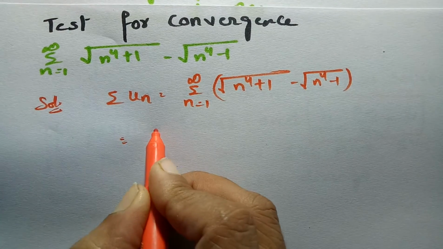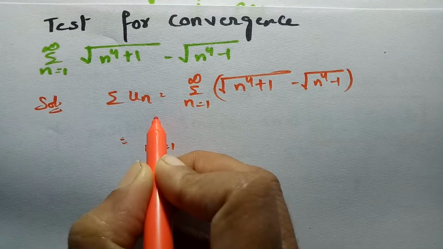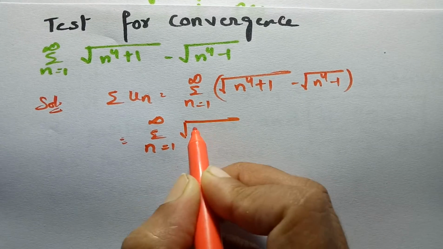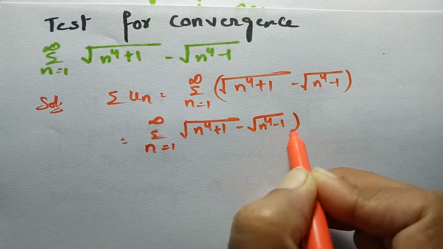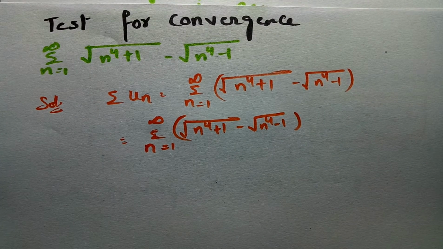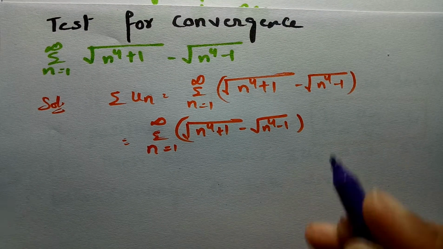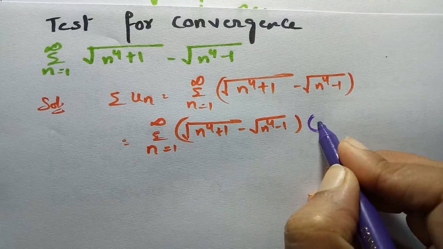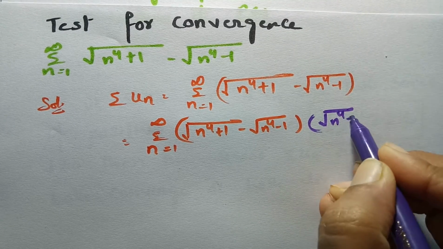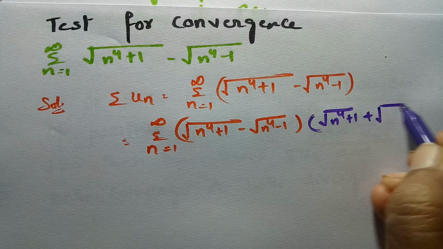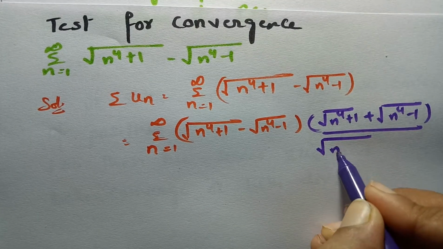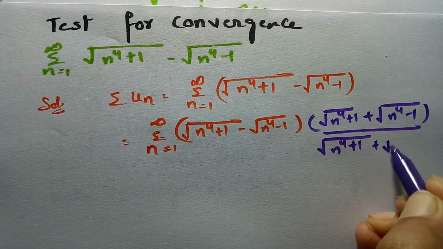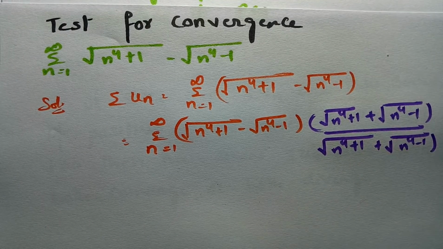We can write sigma n equal to 1 to infinity of root over n power 4 plus 1 minus root over n power 4 minus 1, and we have to rationalize this. If it's minus, we have to multiply with plus, that is root over n power 4 plus 1 plus root over n power 4 minus 1, by root over n power 4 plus 1 plus root over n power 4 minus 1.